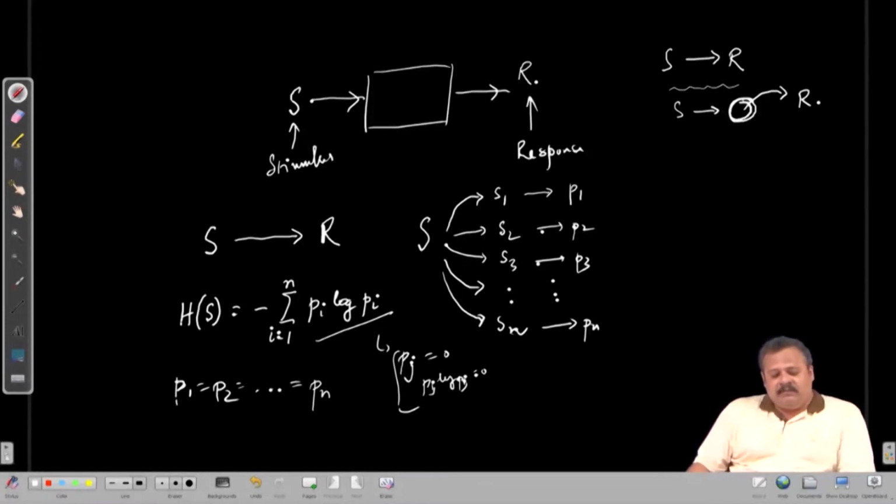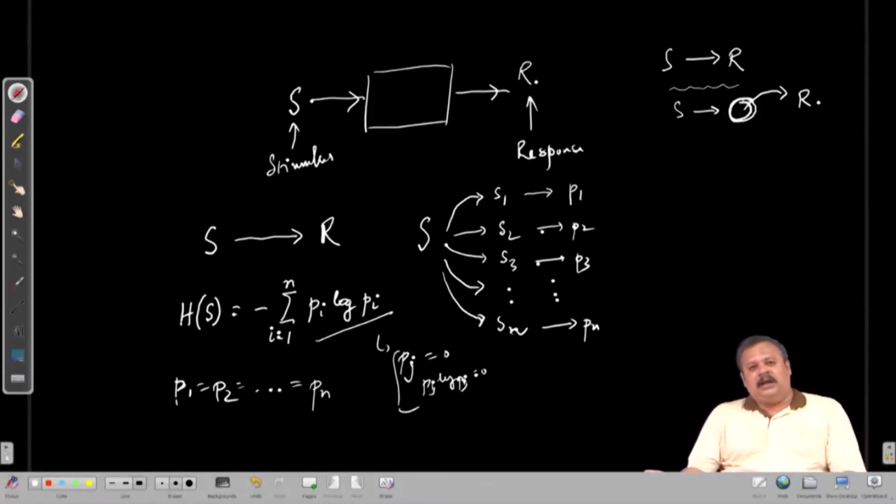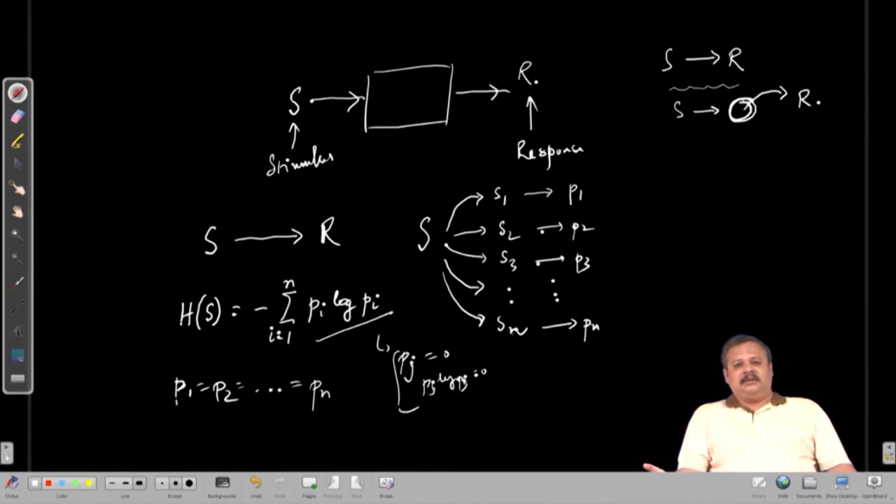As you can imagine, when all of them are equally likely, then before the experiment is done, or before the stimulus takes on a particular value, all of them have an equal probability of occurrence, and so that gives us the maximum possible uncertainty, because if one of them has a higher probability of occurrence, that means there is a reduced uncertainty.